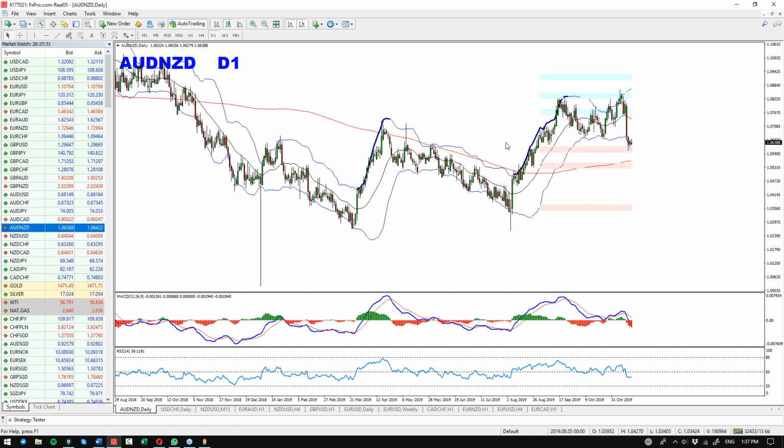And the Australian versus the Kiwi, which invalidated our buy plan by breaking below this trend line. Basically, what happens here is we have a triple cycle, and we expect a corrective cycle in 2 waves or a range.